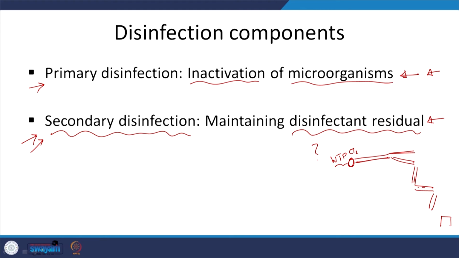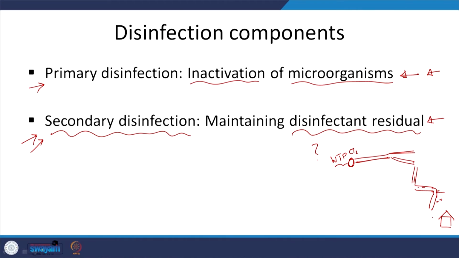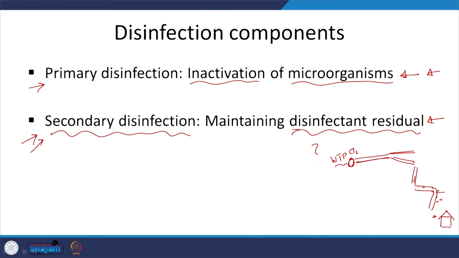By the time it comes to my home, at least in the Indian case, this is always the case, especially in the joints and such, I can have sewage from the nearby sewage lines coming in contact with the distribution network, or penetrating the water distribution network, and thus contamination of the water. So, if there is no residual chlorine or residual disinfecting agent, it is going to lead to transmission of disease, or propagation of pathogens there. So, obviously, that is the reason why I want to have some residual disinfectant.